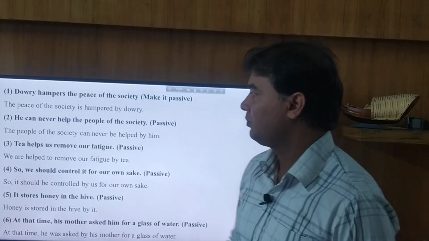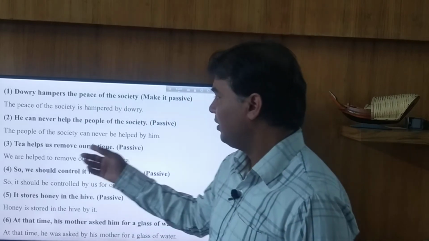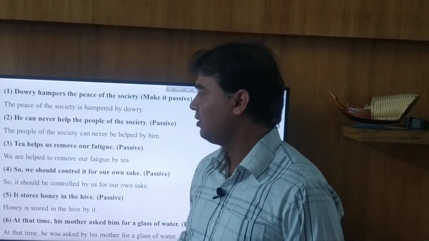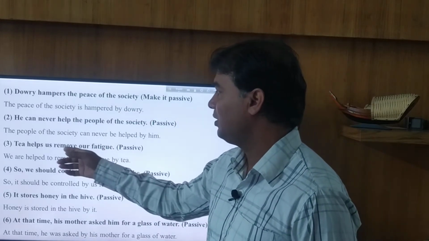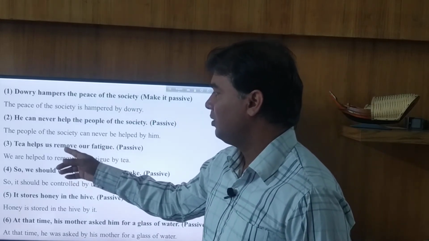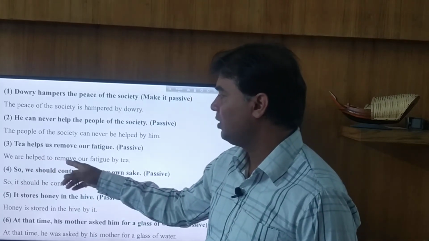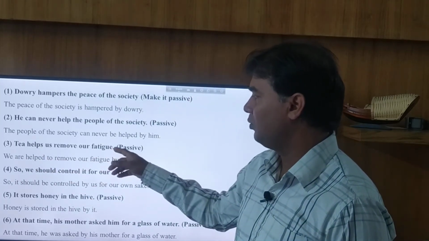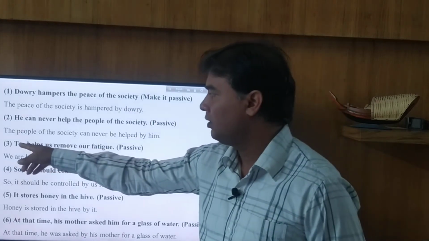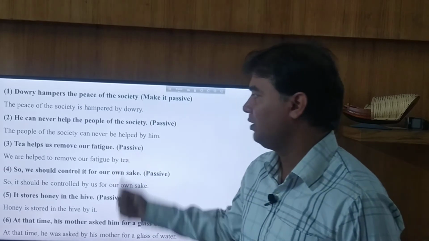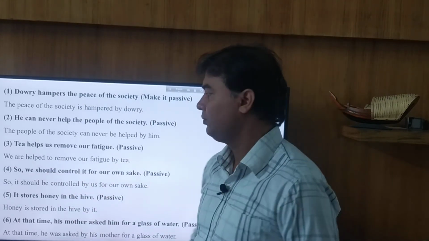Now remember, help is followed by a bare infinitive verb, so in that case you need to write to before the next verb. Here you see remove, so before remove you need to write to. We are helped to remove, then the additional words our fatigue, then the preposition by and then the subject, make it an object, tea. We are helped to remove our fatigue by tea.